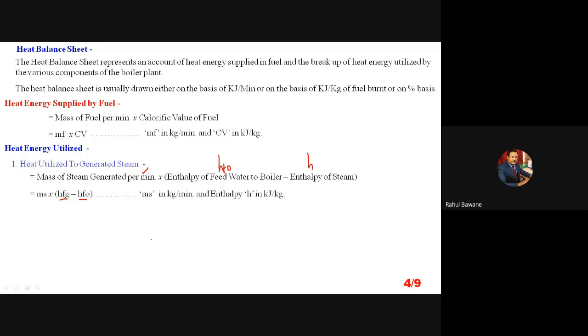Whenever steam is generated, we are not sure that it is 100% steam. If it has no moisture, we can say it is 100% steam, that means dry saturated steam, and that time we denote it as Hg, enthalpy of gas. But when steam is generated, it has some moisture, some water particles, so that is denoted as enthalpy of fluid and gas mixture, Hfg. In short, wet steam.